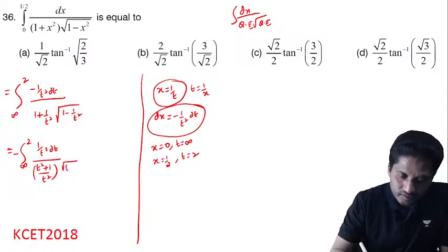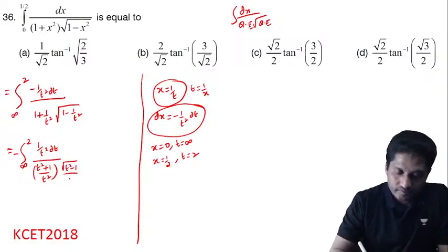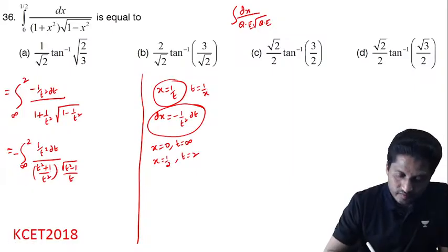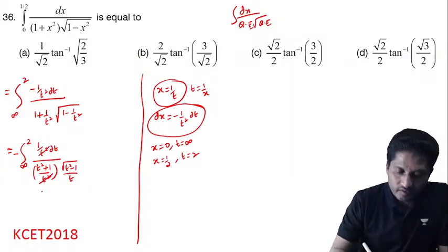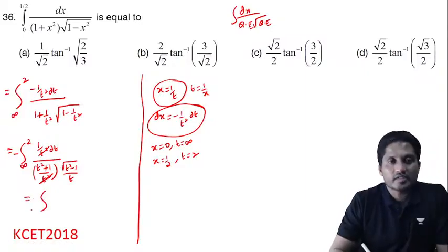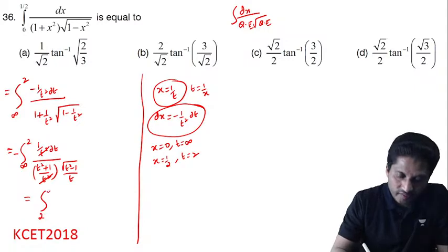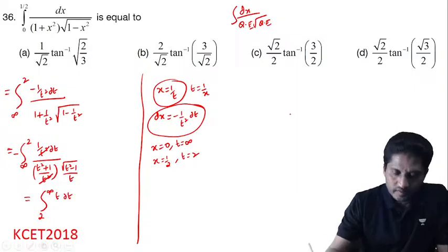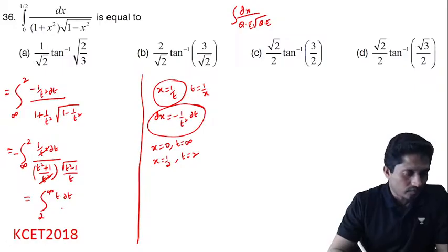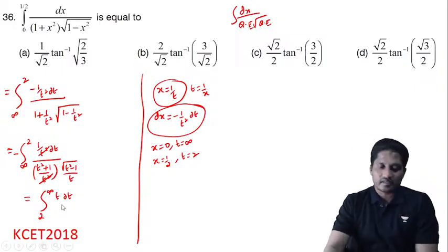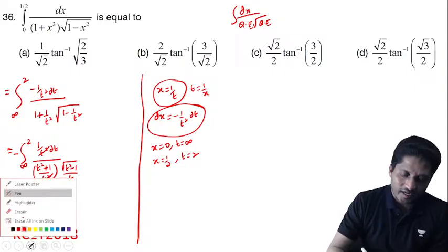So this is root of t square minus 1. Root of t square is t. Okay, now this will cancel. T goes to the numerator. I change the limit, minus will become plus. Infinity to 2, I'll write 2 to infinity. T into dt. Okay. That's right only, Manoj. Yeah, I'll simplify the step.